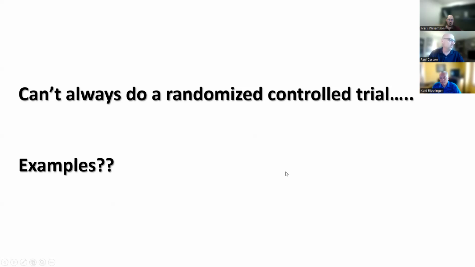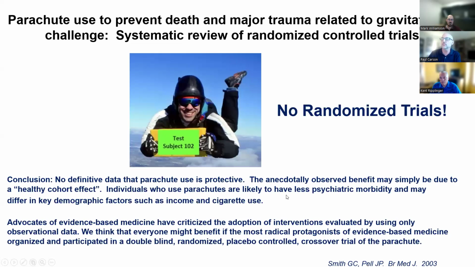If you want to have a real fun read, I encourage you to pull this article from the British Medical Journal by Smith and Pell. It's this sort of delicious satire that was written at the peak of the evidence-based medicine craze. We really try and strive for our clinical decisions to be based on evidence-based medicine, which in the late 90s, when I was going through training in the late 90s and early 2000s, we wanted everything to be a randomized trial.